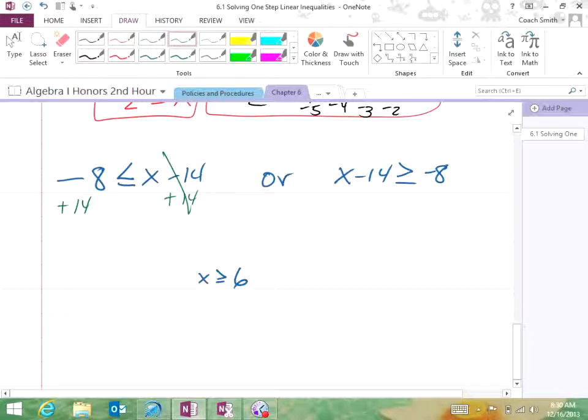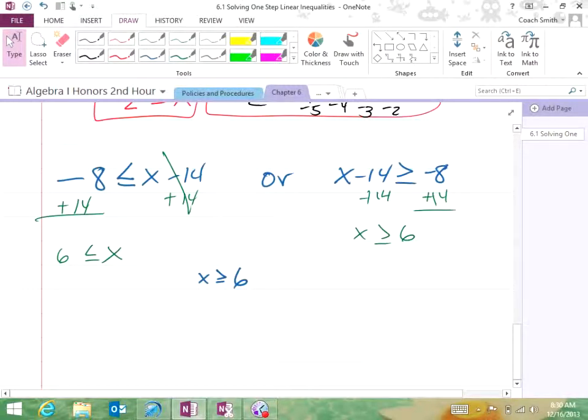It cancels over here, giving me negative 8 plus 14, which is 6, and then that right there. Once again, you do it over here, you get the same answer. It's just expressed as reading from left to right instead of reading right to left.